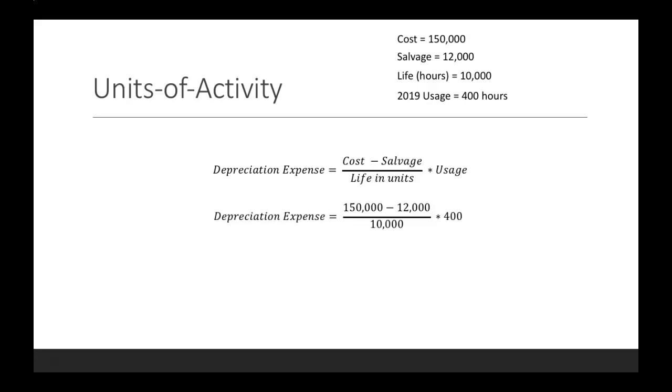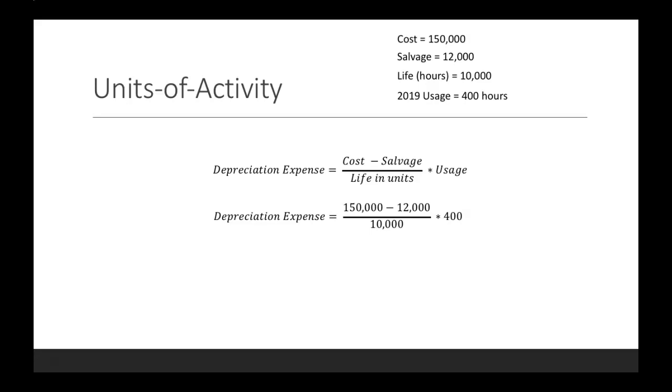So we plug in the numbers that we know. We know our cost and we know our salvage value. Those are still the same here in the units of activity method. Our life in units, well, we expect this machine to be used for 10,000 hours during its life. So 150,000 minus 12,000 divided by 10,000, that is your depreciable cost per unit.